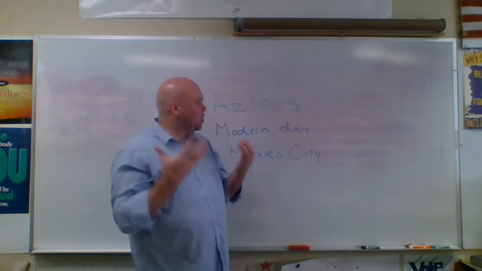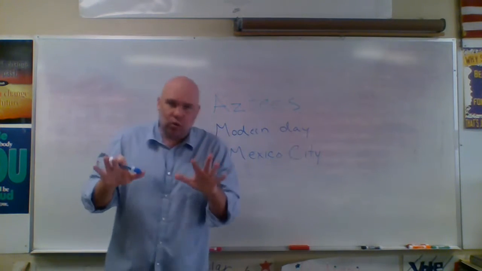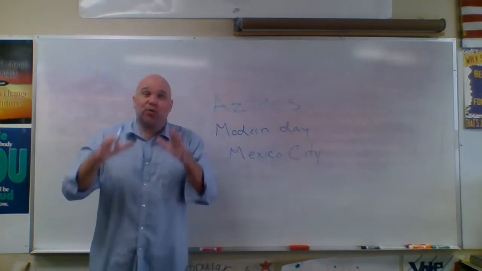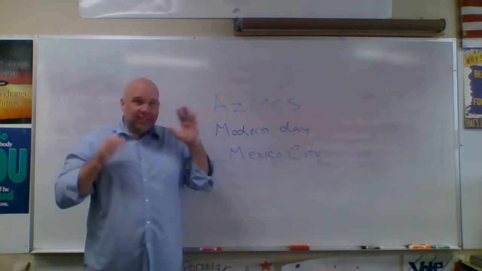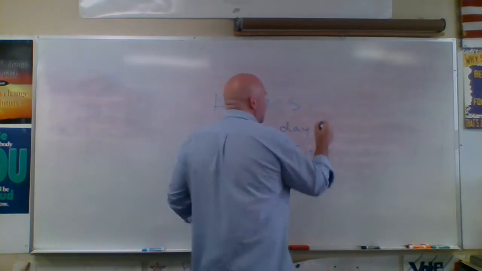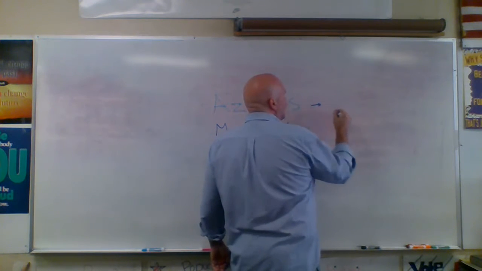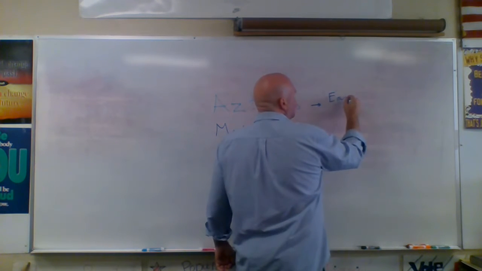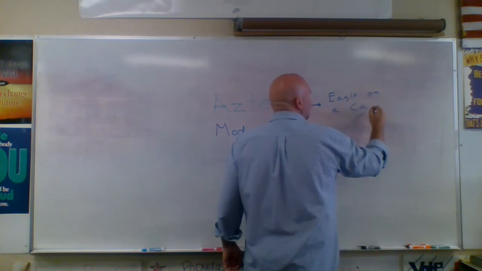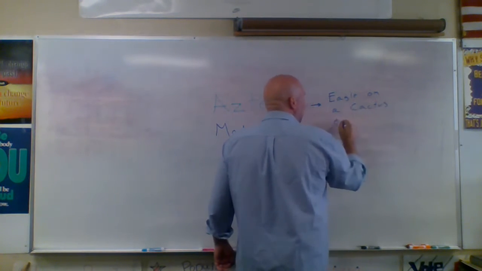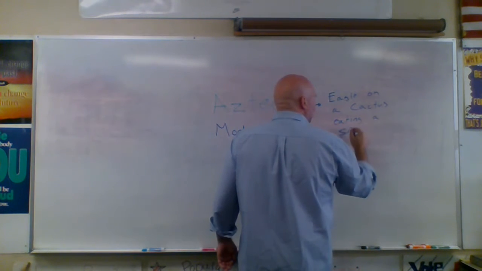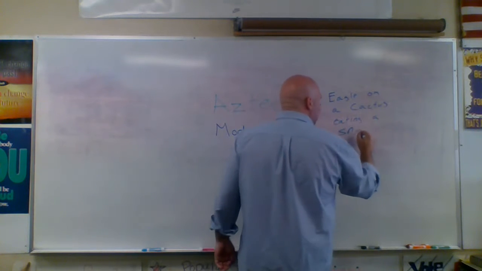So they have a legend. Their legend goes, we will know where to settle down, where to build our city when we see this sign. And what is the sign for the Aztecs? The sign is an eagle on a cactus eating, I almost forgot the S for snake.